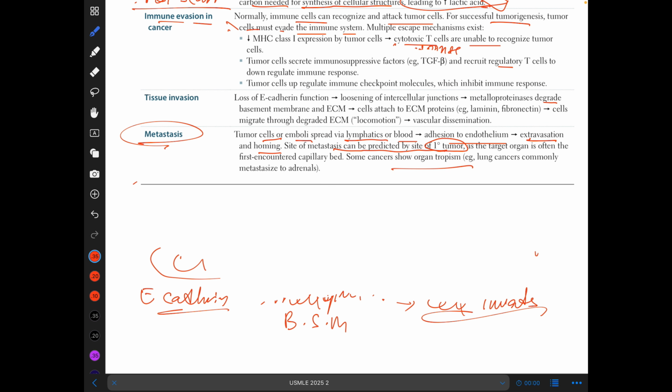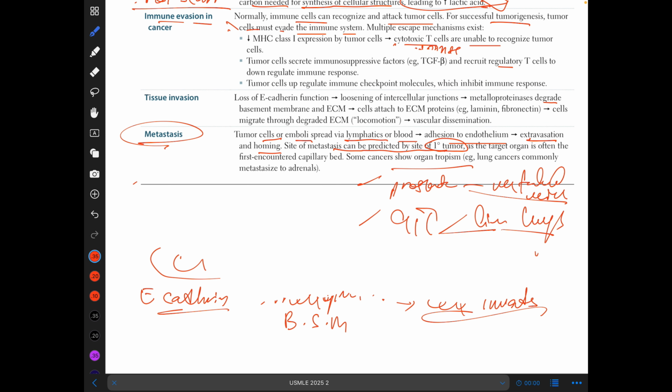Okay? Like if it's a prostate cancer, then it is going to bone via the vertebral veins. And if it is like GIT, it is going to the liver. If there is any blood spread, it first goes to the lungs.